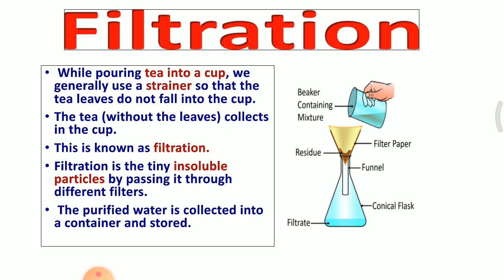The tea is collected in the cup. This is known as filtration. Filtration removes tiny insoluble particles by passing the water through different filters. The purified water is collected into a container and stored.